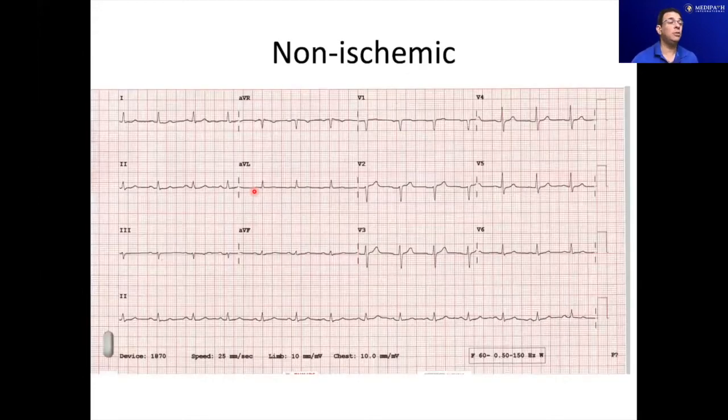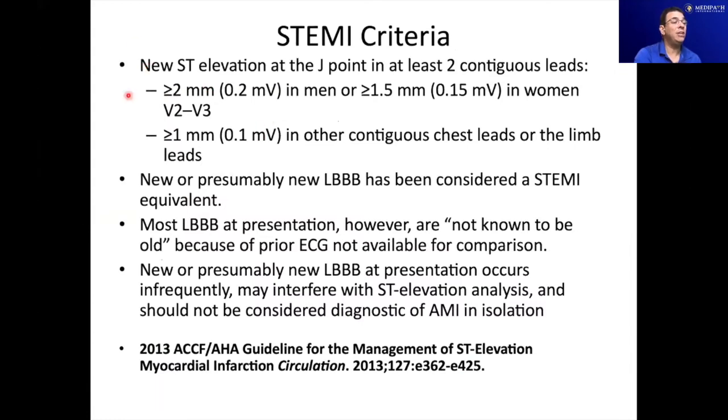So what do we mean by contiguous? We talk about laterally contiguous leads of 1, AVL, and V6. The inferior part of the heart is V2, V3, and AVF. And the anterior part of the heart is V1, V2, V3. So going back, that's the main criteria we look for in heart attacks.